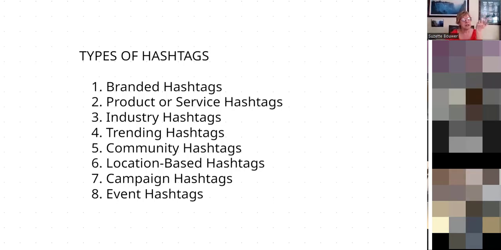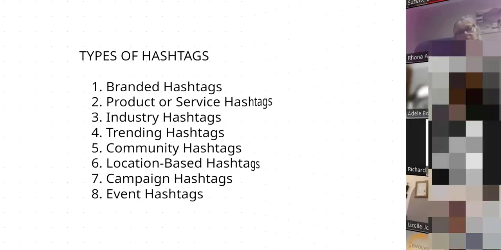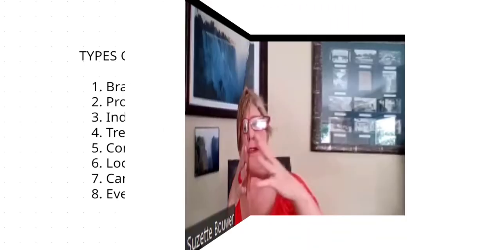And then of course, event hashtags, events in your industry, things that you're attending. How can you relate an event hashtag? Platform specific. Facebook, those of you using third-party scheduling tools or Meta Planner to post your content.